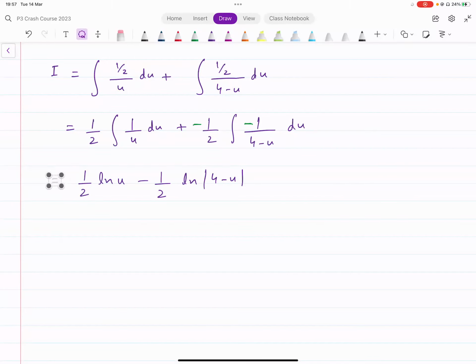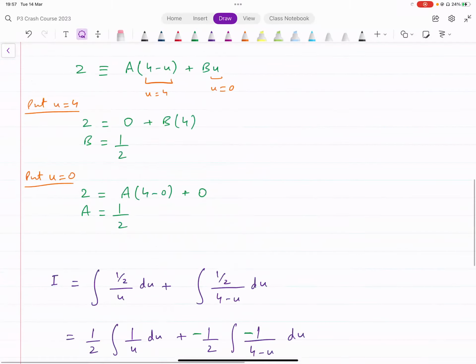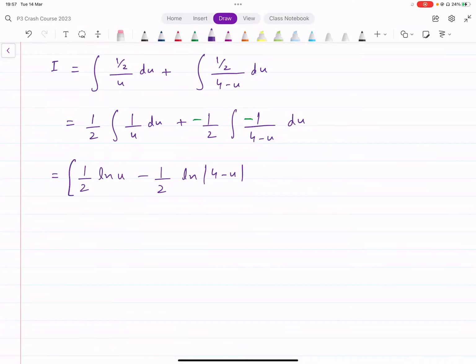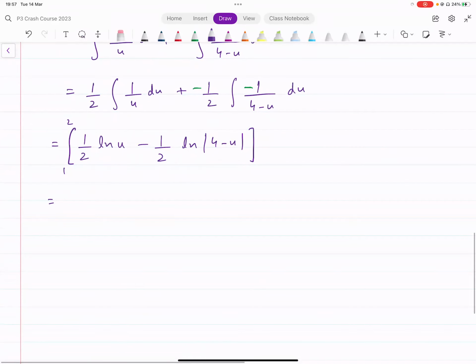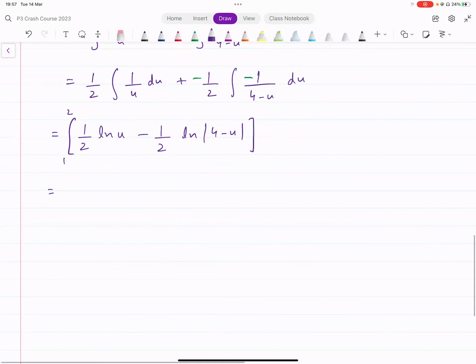And now you can input those limits. What were the limits? Limits were from 1 to 2. Let's input the limits and see what that gives us. Now we could actually write half outside. That will simplify our calculation a bit.